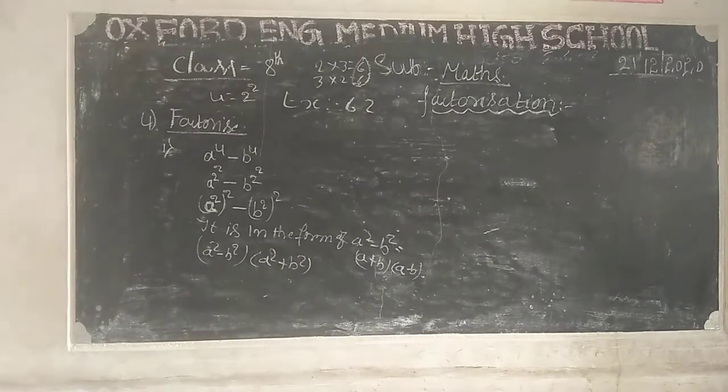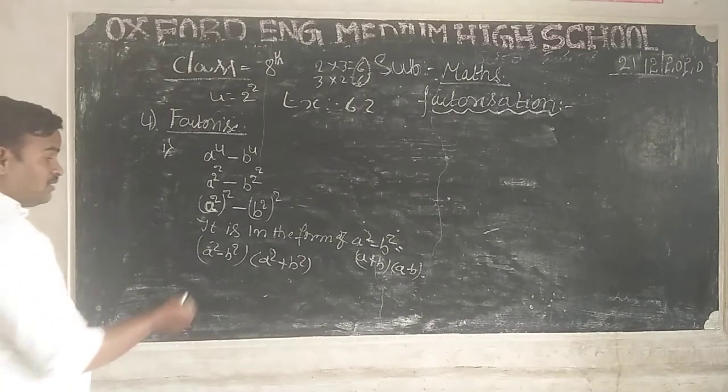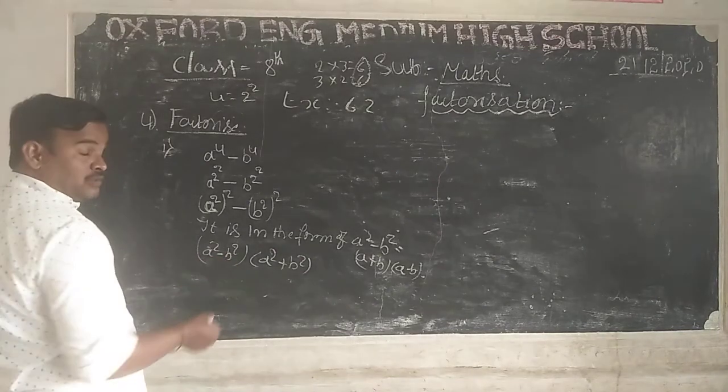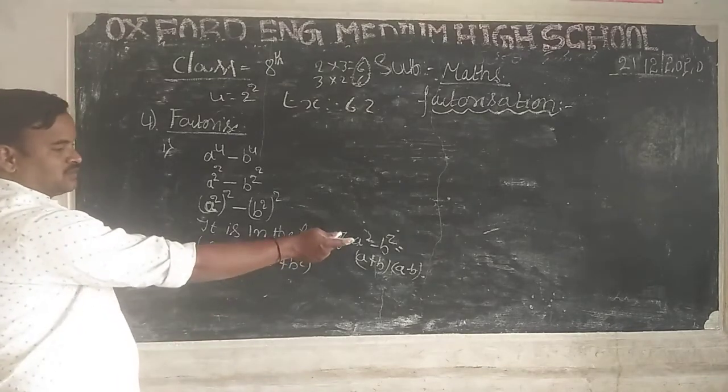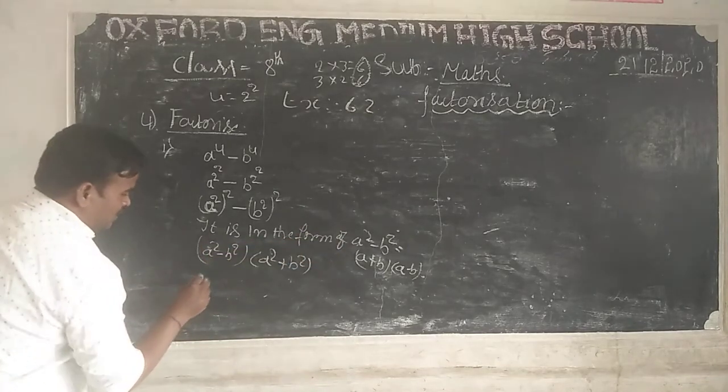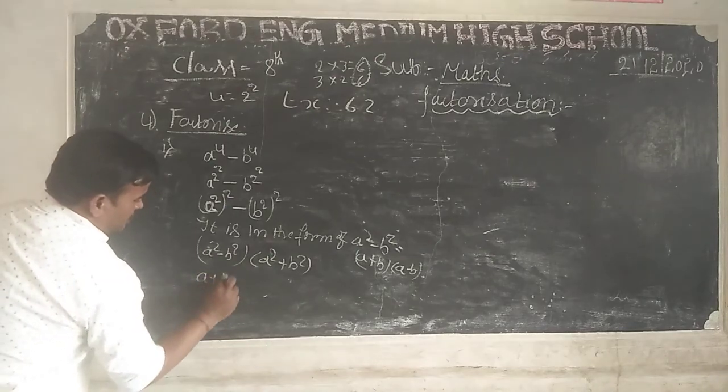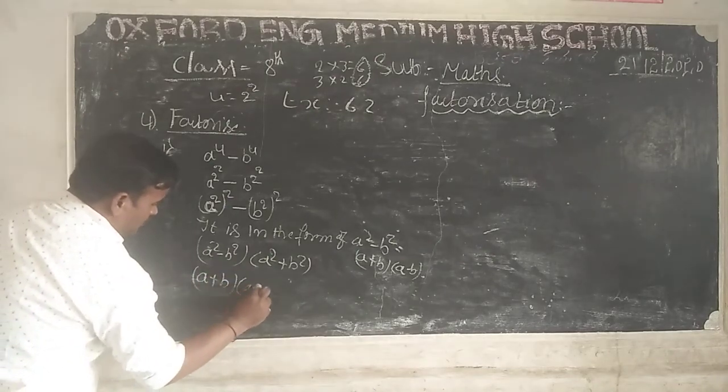Again, a square minus b square is in the same identity form, so it expands as a plus b into a minus b.